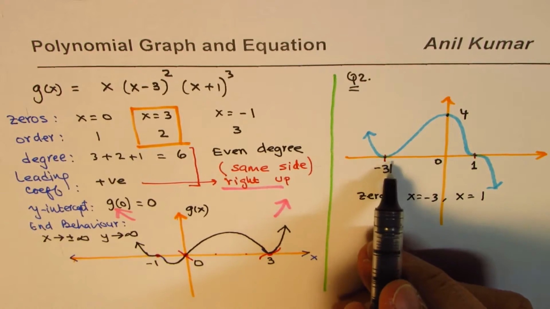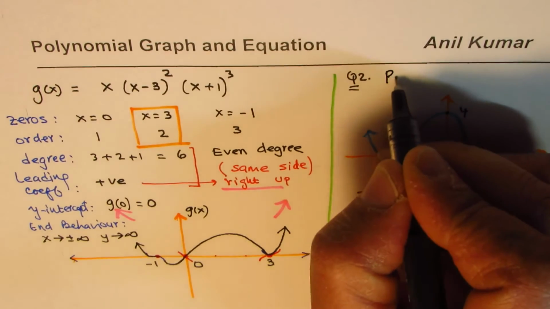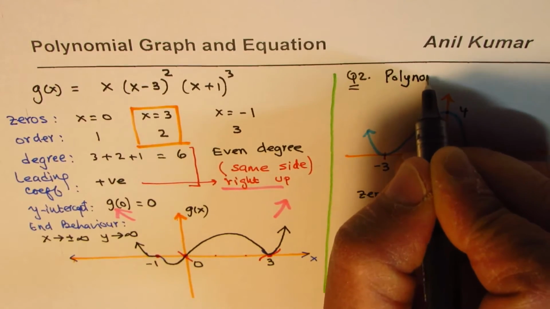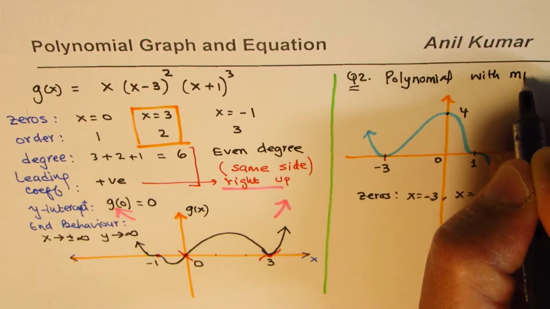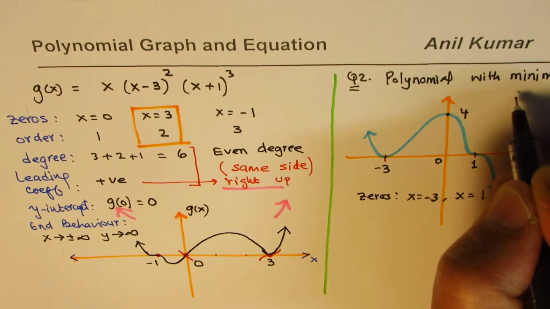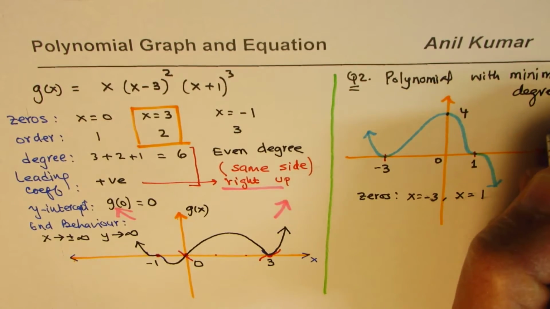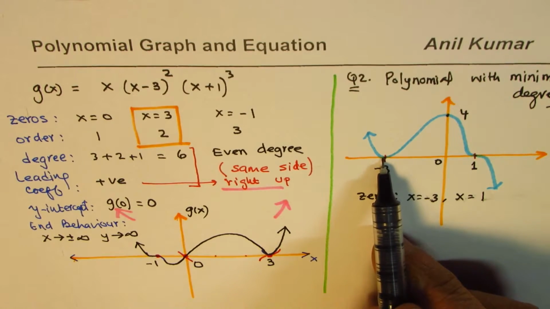The order is, we can say, a polynomial with minimum degree. Alright, so it could be order 2, order 4 is even.